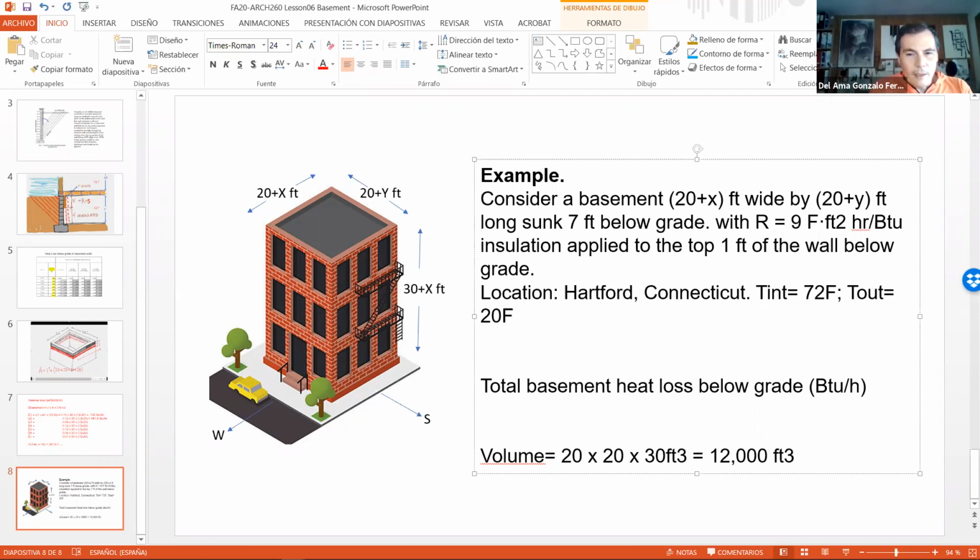If we apply one air change per hour, that means that in 1 hour, I remove 12,000 cubic feet.